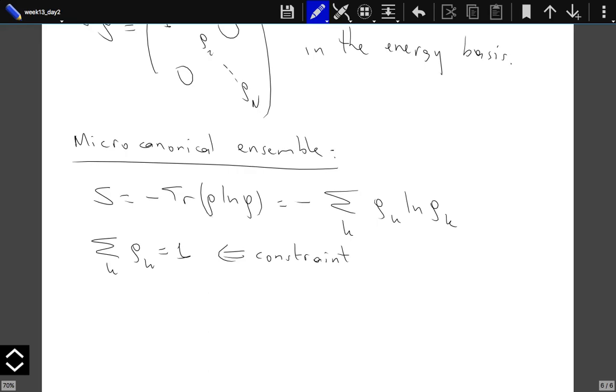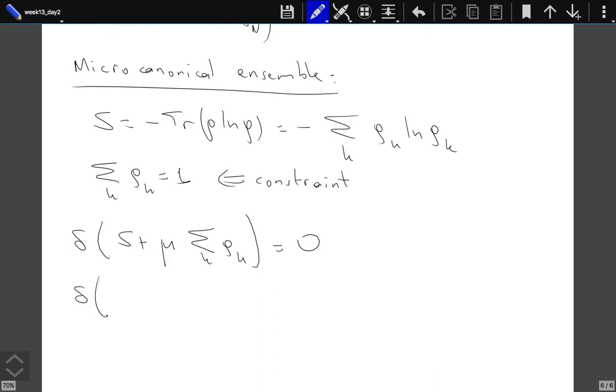Well, this is a maximization problem with a given constraint, so the way you usually do it is to use a Lagrange multiplier. So I will look at the variation of S plus mu sum over k rho k, and I will set this equal to 0 for the rho k's that maximize this value.